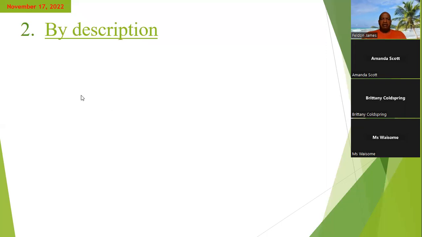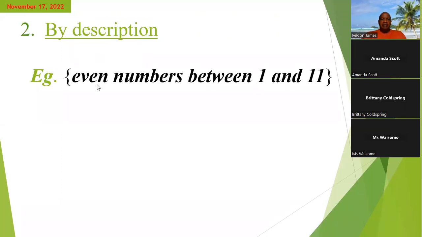Now, we have another way that we can specify a set, which is by description. Description simply means you describe what the set is. So here we can describe a set by saying the set of even numbers between 1 and 11.